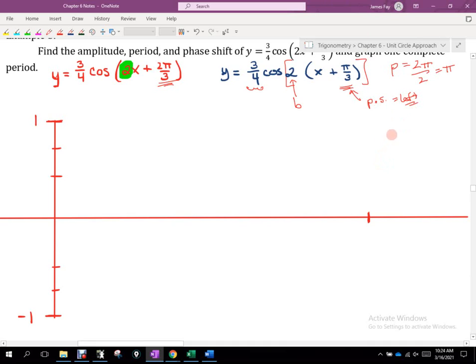Now, here's what stinks about this. If I start establishing my x-axis, so if that is pi, cut it in half, pi over 2, cut that in half, pi over 4, 3 pi over 4.